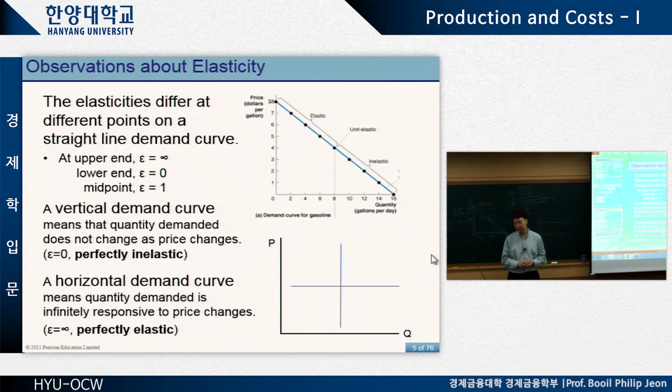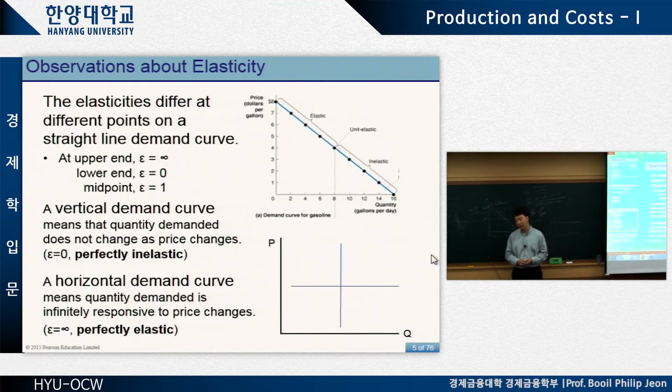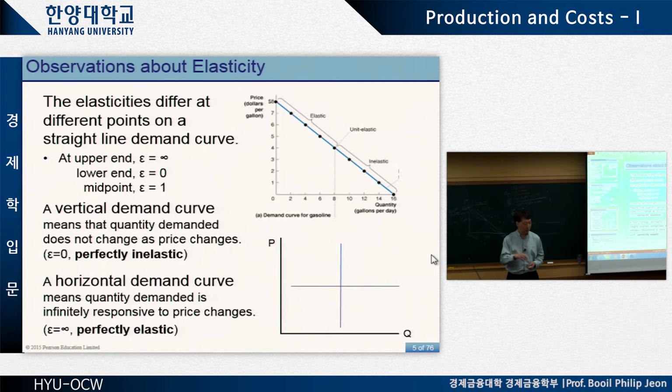So a typical example that we use is wheat. There are so many wheat farmers in the world, and they all produce wheat, and wheat is wheat. Ordinary people cannot tell the difference between Farmer Jones's wheat and Farmer Smith's wheat.